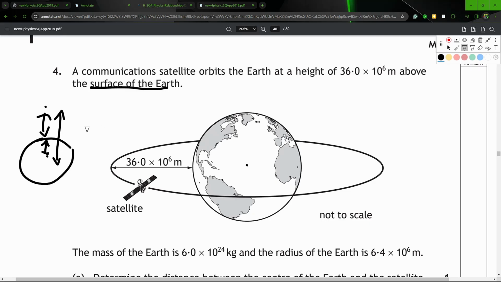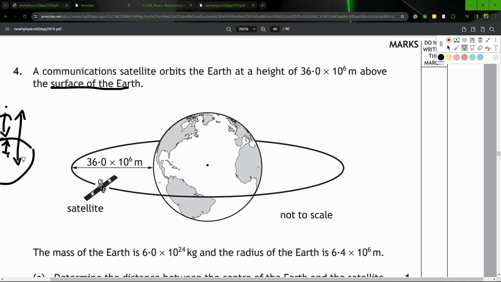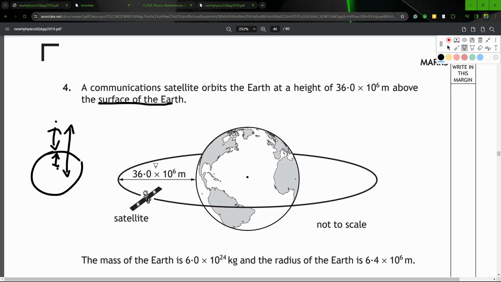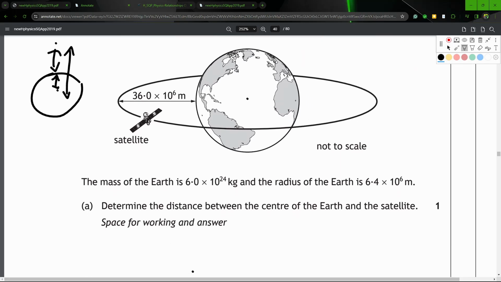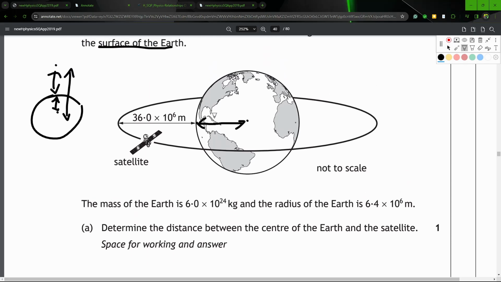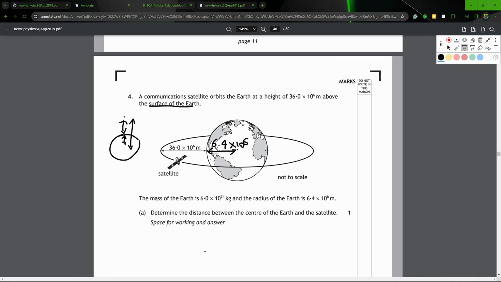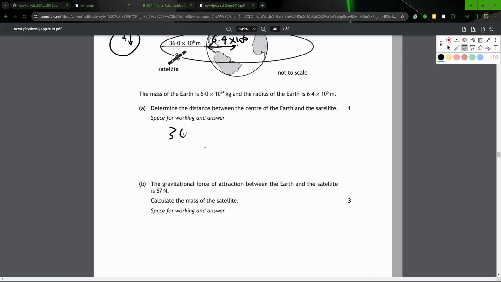In terms of the distance from the center of the Earth to the satellite, as you can see from my beautiful diagram, we need to add these two numbers together, because if I overlay this, we want to find the distance between the satellite and the center. The radius of the Earth is 6.4 times 10 to the 6. So let's quickly do that.